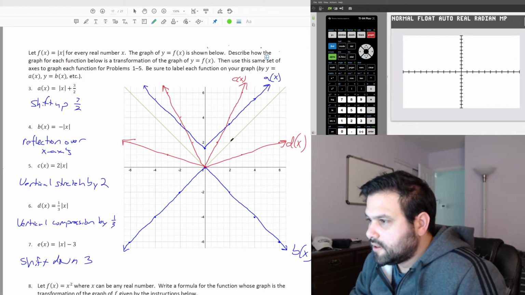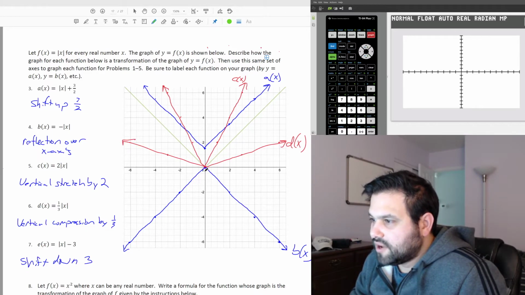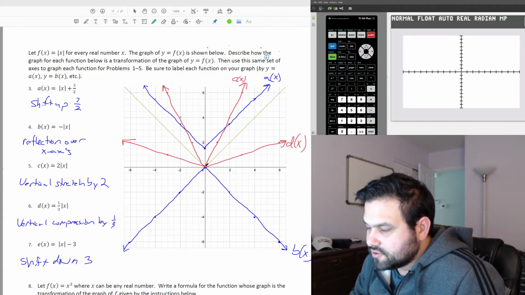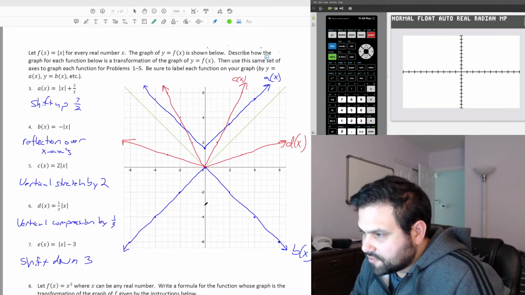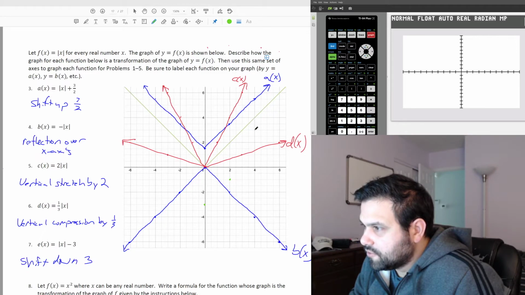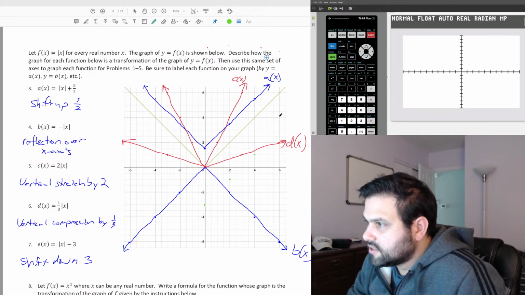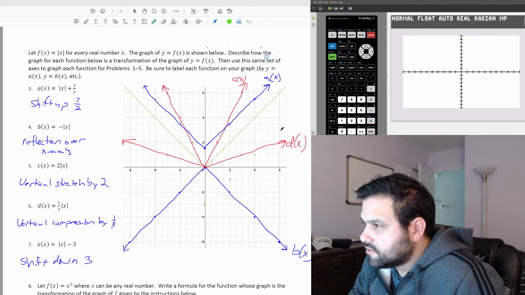Take all of these y values and just subtract 3. So 0 goes down to -3. And this 2 goes down to -1. And so on. 4 goes down to 1. 6 goes to 3.